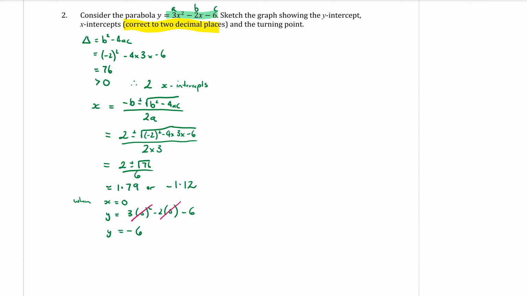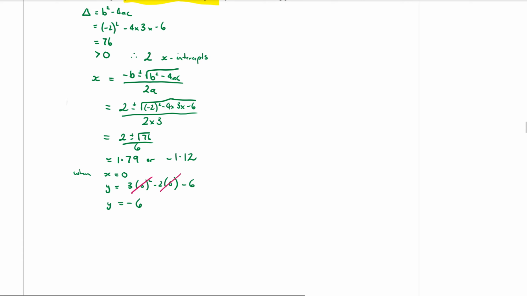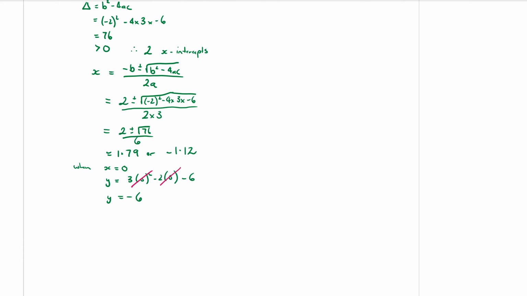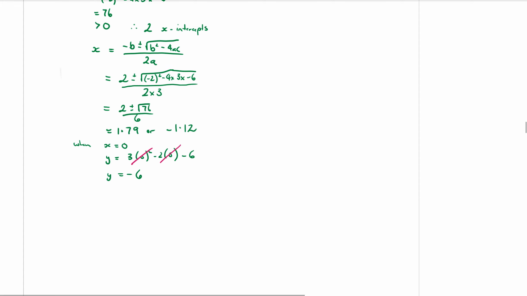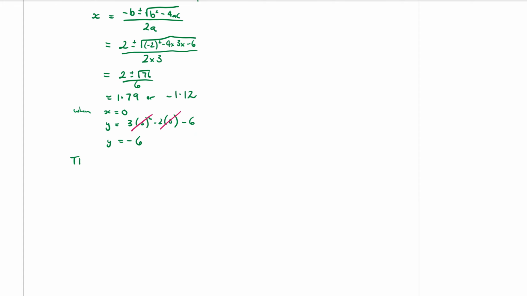So we have two different ways of finding the turning point. We can either use the turning point formula or we can average our intercepts. Since our x-intercepts have already been rounded, it is probably more accurate if we use the formula. So to find the turning point, I'm going to do x equals minus b over 2a.